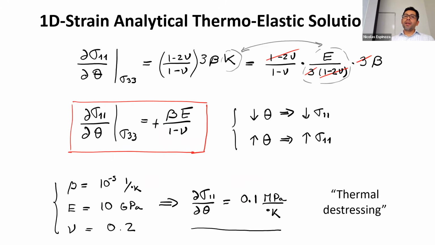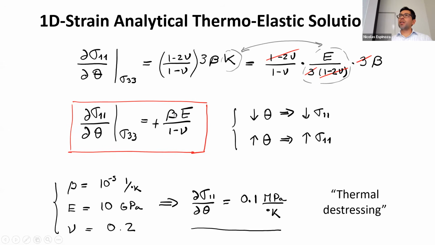And then we can explore a little bit more, change the bulk modulus for its equivalent in terms of the Young modulus and the Poisson ratio. And finally, come up with an equation that tells us what is going to be the change of stress due to a change of temperature.